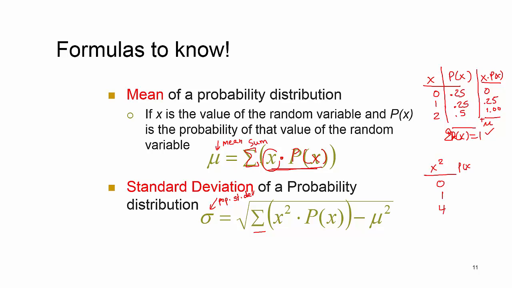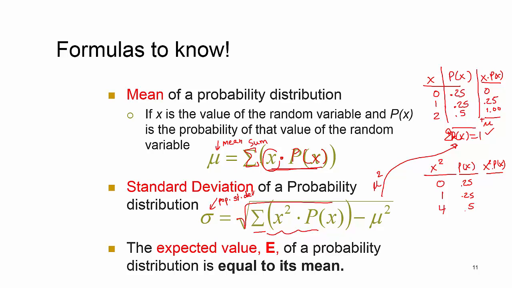And we keep our original probabilities. We do not square those. Then we multiply the squared values times the probabilities and add that column up. That answer goes here, and then we subtract the square of the mean. So whatever answer I get from here, I square it, subtract that from the sum here, and then I take the square root of that final answer.